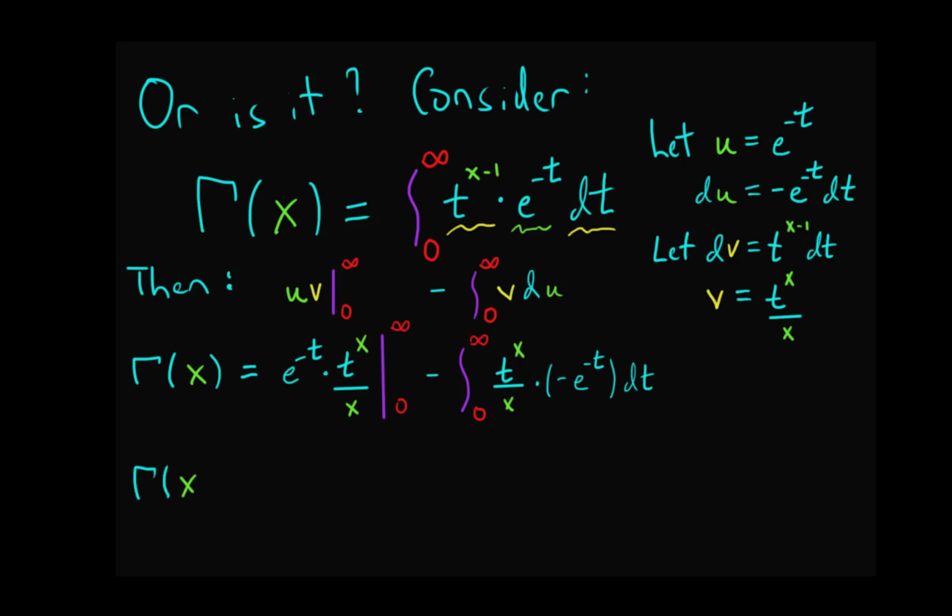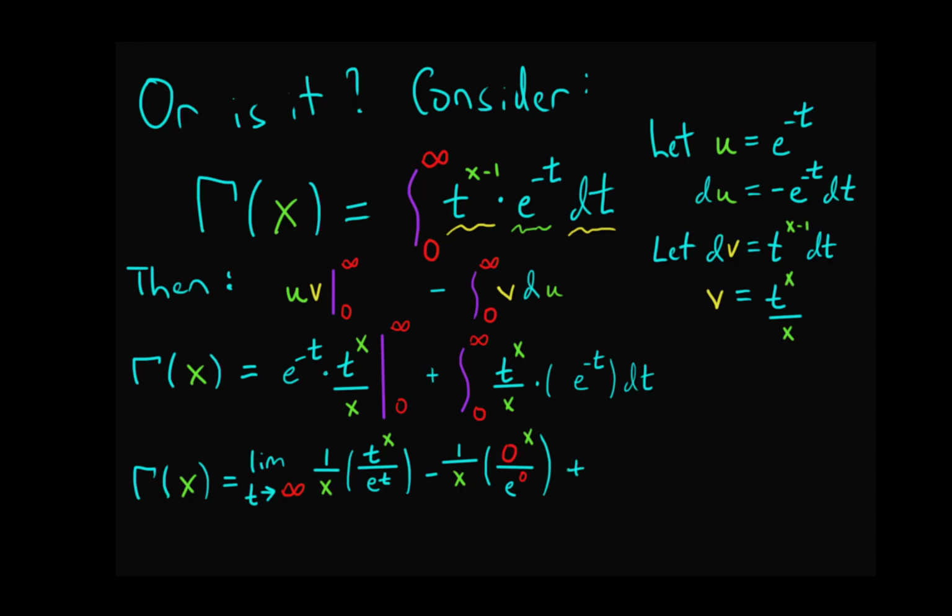So now this expression, gamma of x, equals the limit as t approaches infinity of 1 over x, right, that's just a constant that I'm pulling to the outside, times t to the x over e to the t, close parenthesis, minus 1 over x times 0 to the x, here we're letting t equal 0, over e to the 0, close parenthesis.